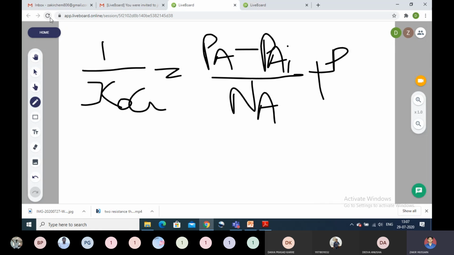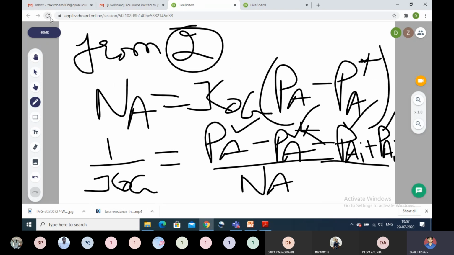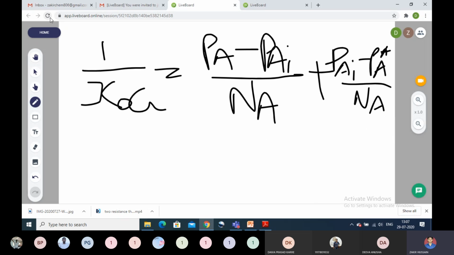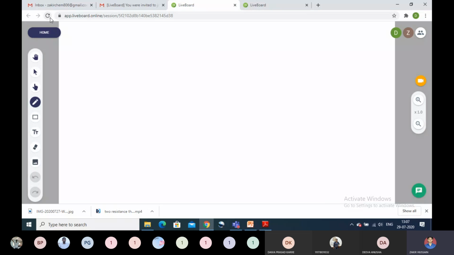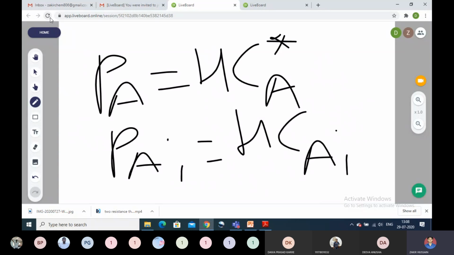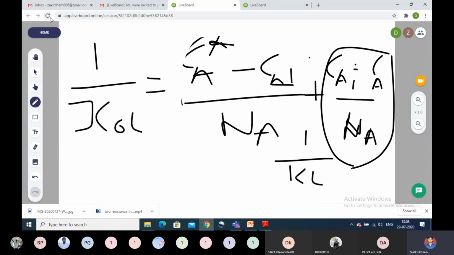Now left out term will be PAI minus PA star by Na. You can verify from the previous equation, this one. PAI and PA star, NA. So we already know what this equation is. PA minus PAI by NA is nothing but 1 by kg. We can see the individual mass transfer coefficient equation, that is equation number 3.